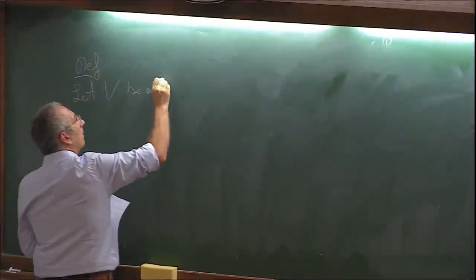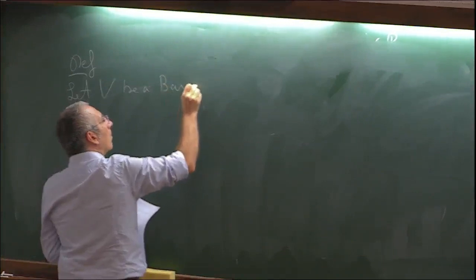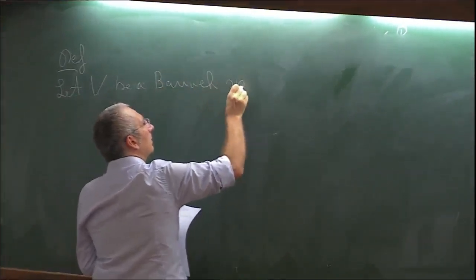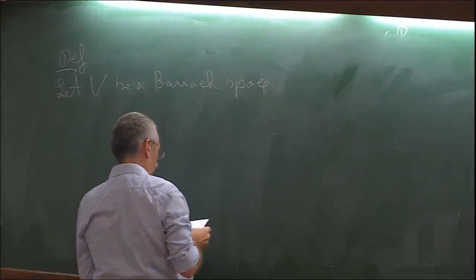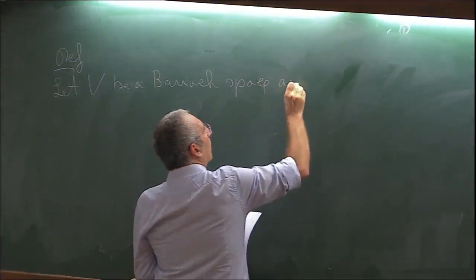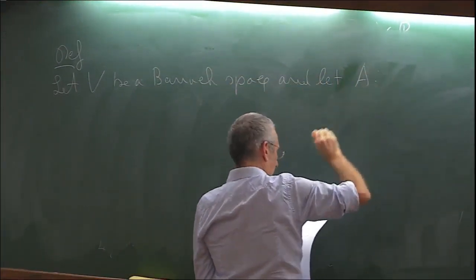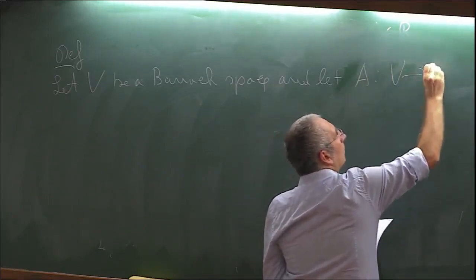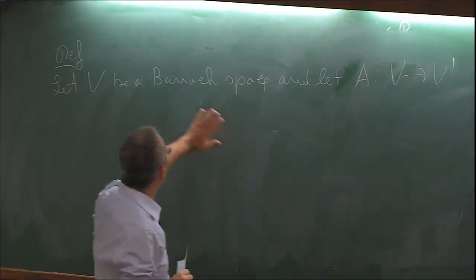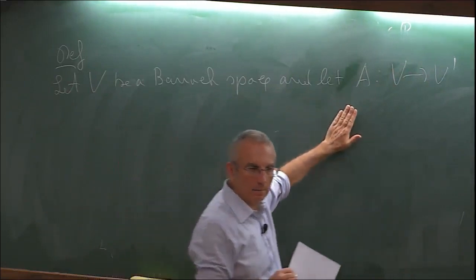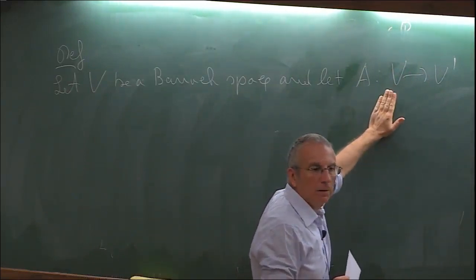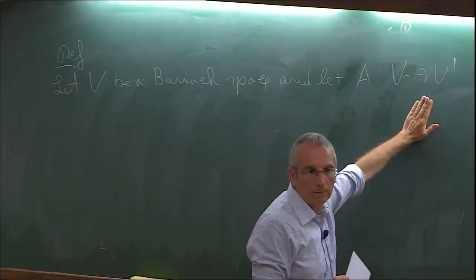Let V be a Banach space and let A go from V to V prime. Then we have a Banach space V and a functional A from V to its dual, V prime.